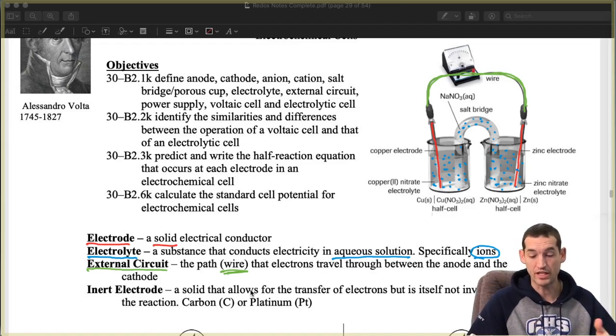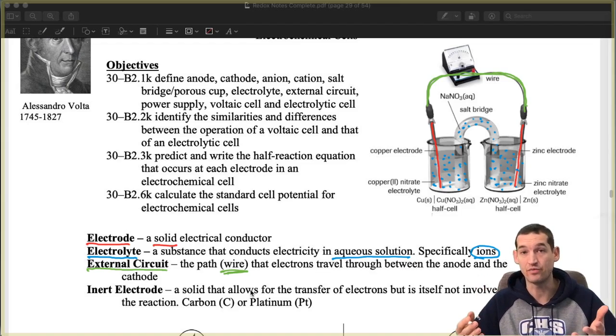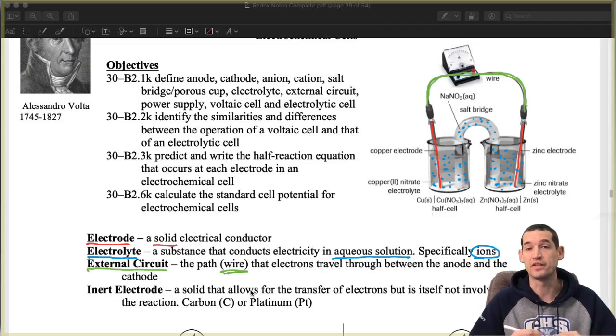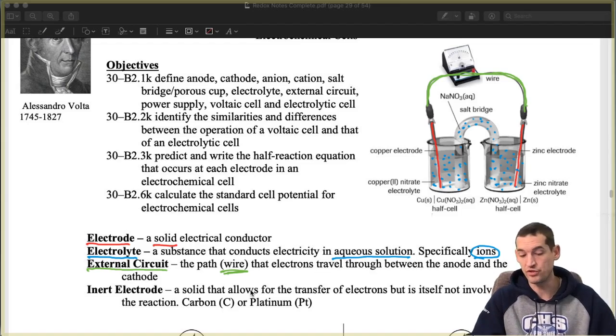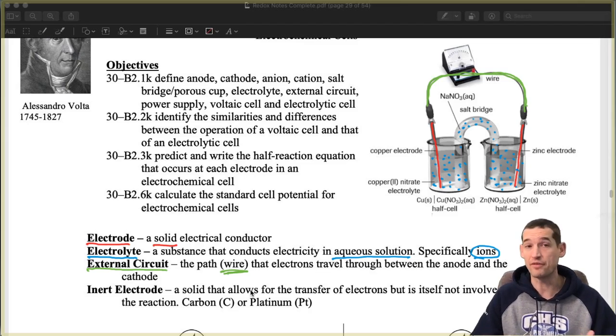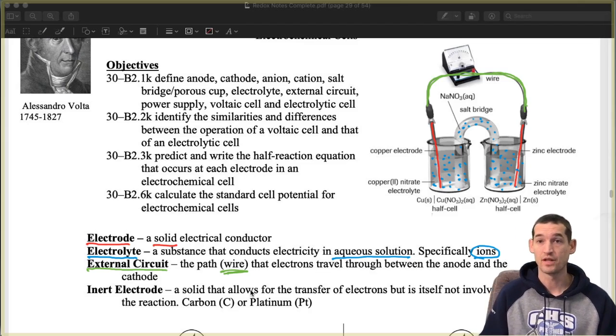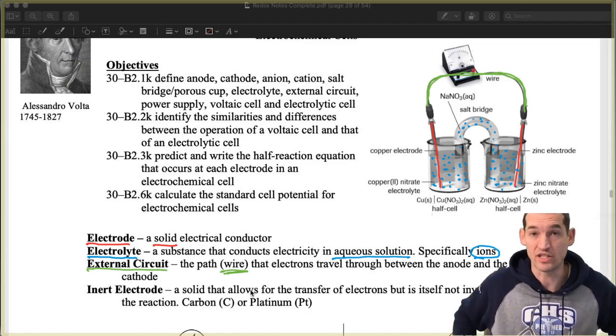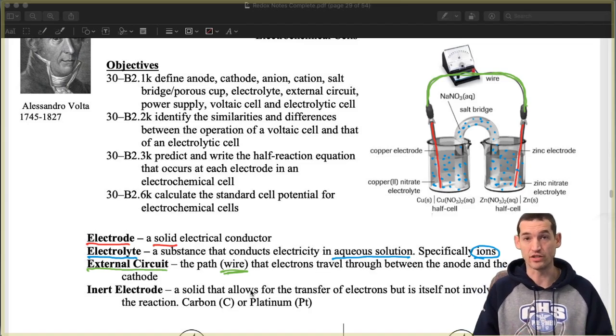Now, inert electrode I can't draw on this diagram because it doesn't have one, but inert means that something doesn't react. For example, we have 2 electrodes in this one, copper and zinc, but some half reactions don't have those. The copper-zinc half reactions each have ions and solids.